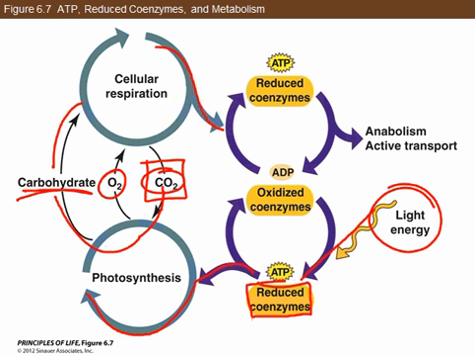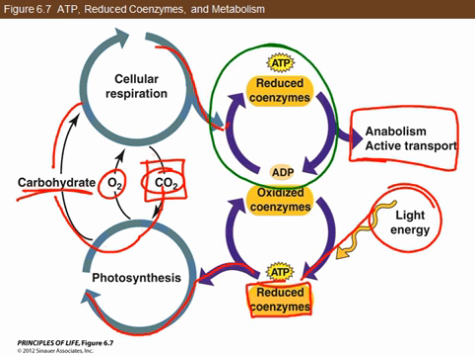And that energy, the ATP, is then going to go back into reducing more coenzymes that will result in the production of a lot of ATP and the anabolic activities that we need to do, meaning we need to build up our own molecules, our lipids, our proteins, and our biomolecules. And of course, as you can see, there is a cycle going on right here and right here, where the ATP and these oxidized and reduced coenzymes are just being used.